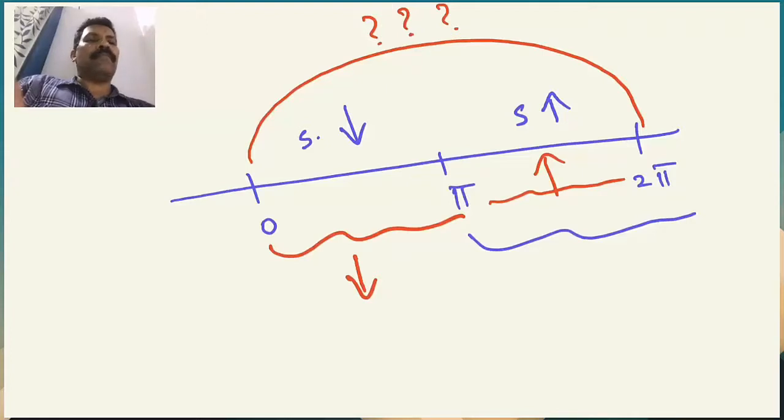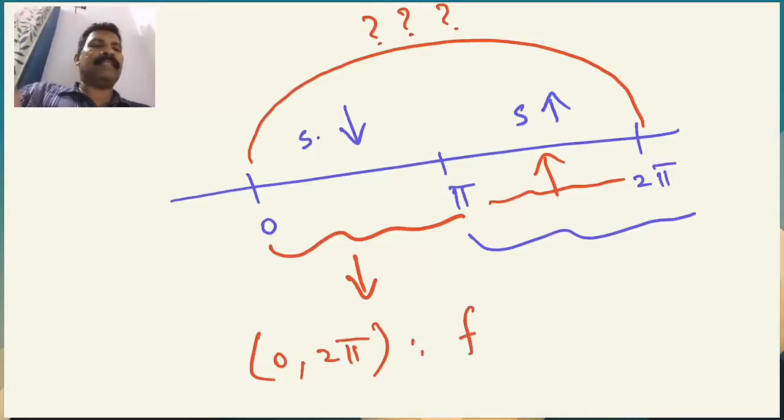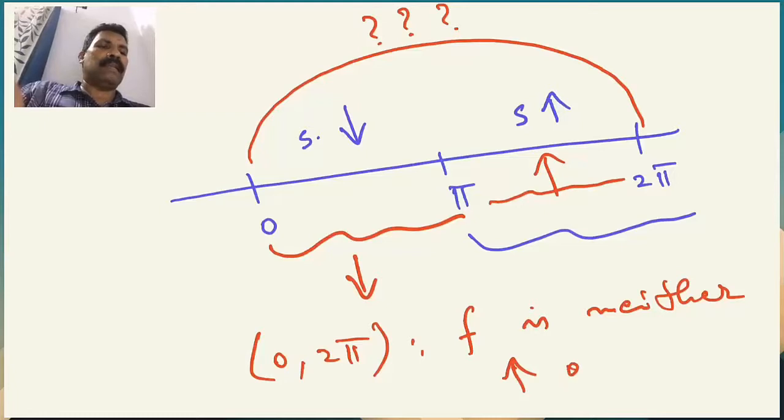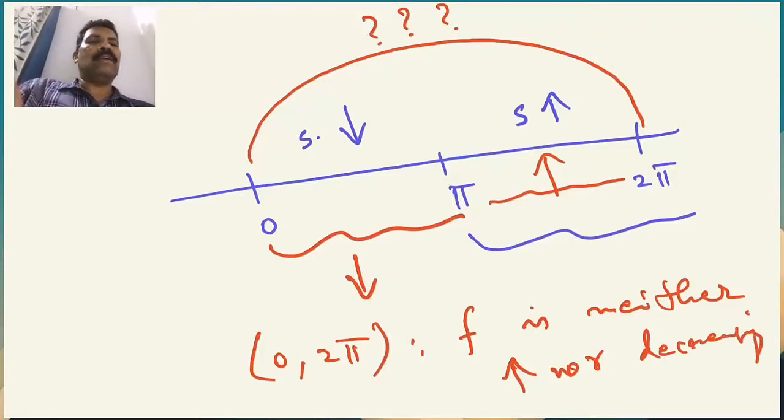So we cannot say for the total interval 0 to 2 pi that the function is increasing or decreasing; it is neither increasing nor decreasing.